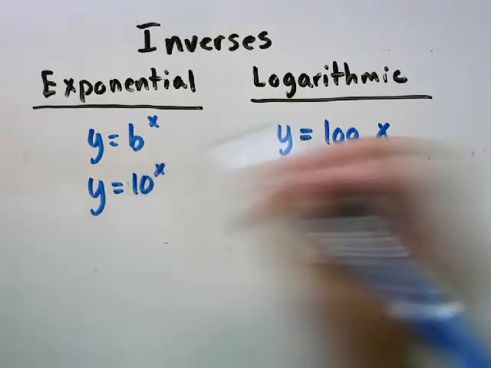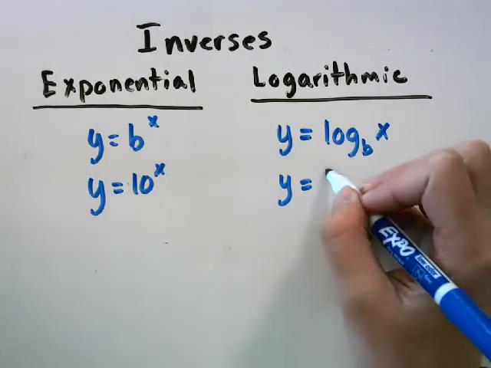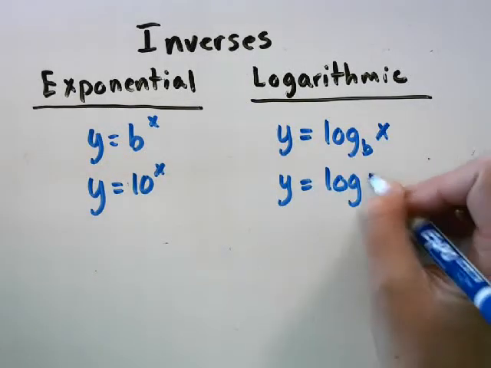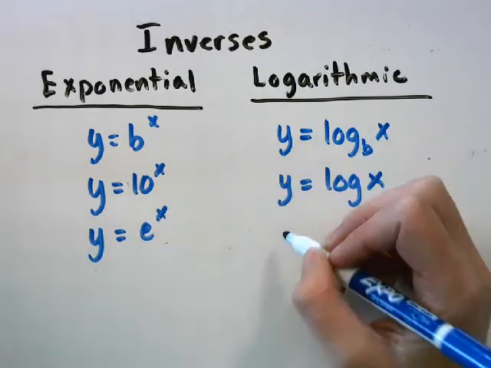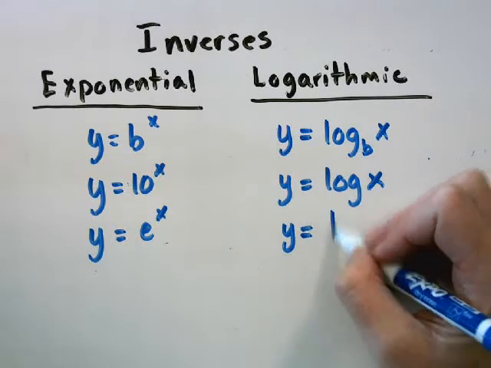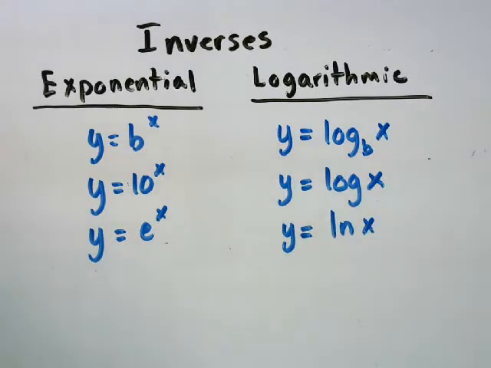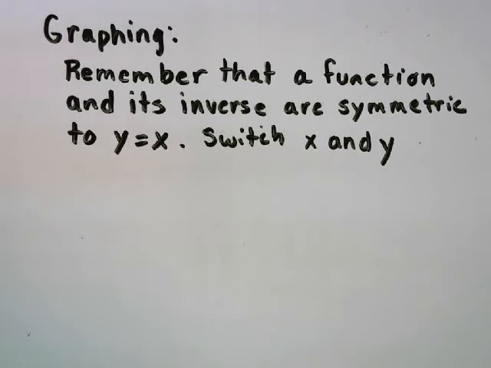If the base is 10, then our inverse is our common log. And if our base is e, then our inverse is the natural log of x. So you can write this down if you want, but this is old news.